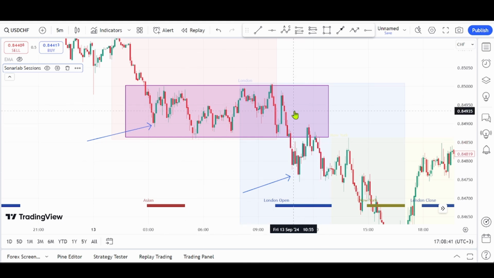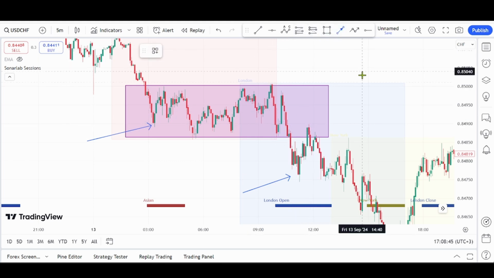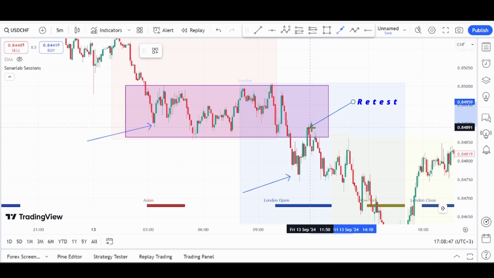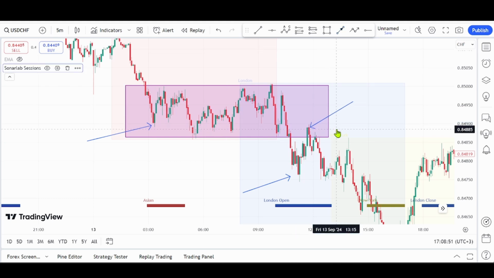Now the third stage is the retest. Here, this is the retest. This is where you're looking to get involved in the trade.